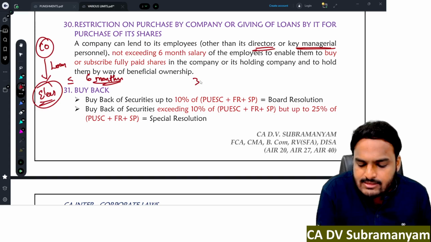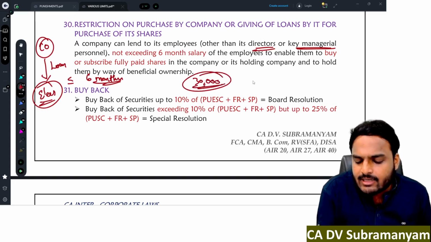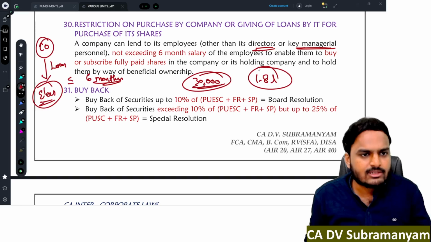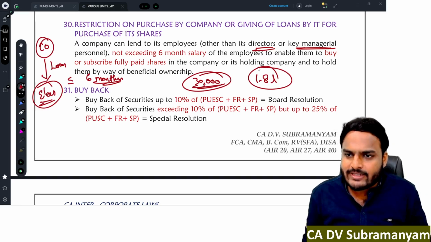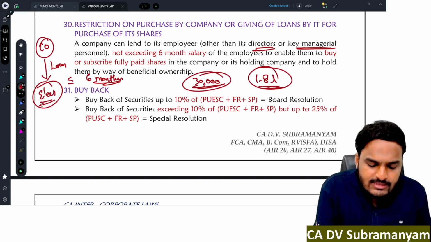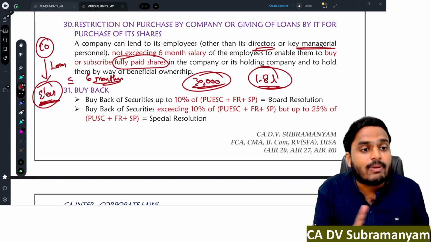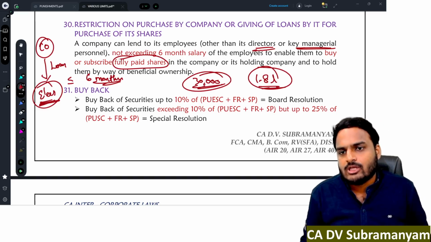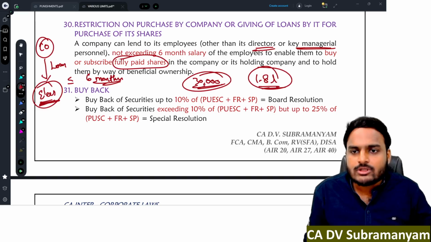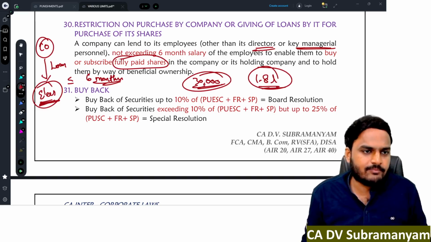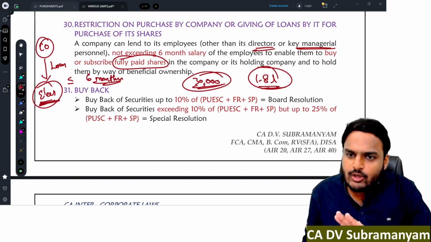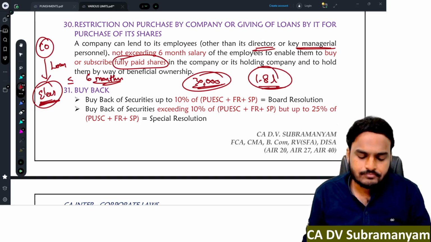Suppose the employee salary is 30,000, then the company can lend him up to 1.8 lakh, that is 30,000 into 6 months. And with that money, the employee should acquire or subscribe fully paid shares, not partly paid shares. So the loan amount shall not exceed 6 months salary. Up to 6 months salary, no violation.